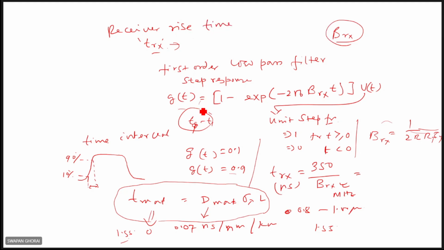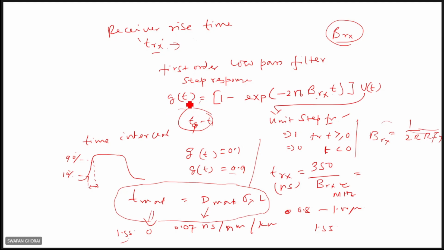The step response g(t) is 1 minus exponential of minus 2 pi BRX t, times u(t). u(t) is the unit step function, which is equal to 1 when t is greater than 0, and 0 when t is less than 0. So the photodetector response can be modeled like this.